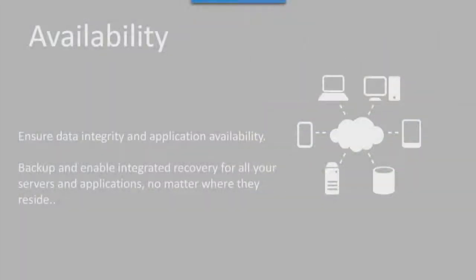Availability. So availability inside of OMS is focused around 2 solutions. One is Azure Backup. The other one is Azure Site Recovery. Azure Backup as a tool itself is pretty good because it's very lightweight.